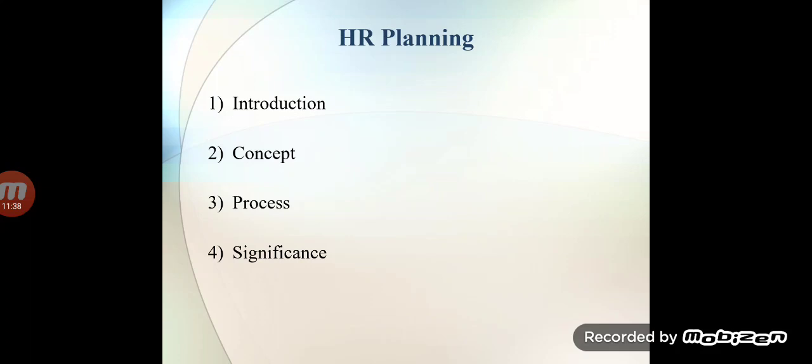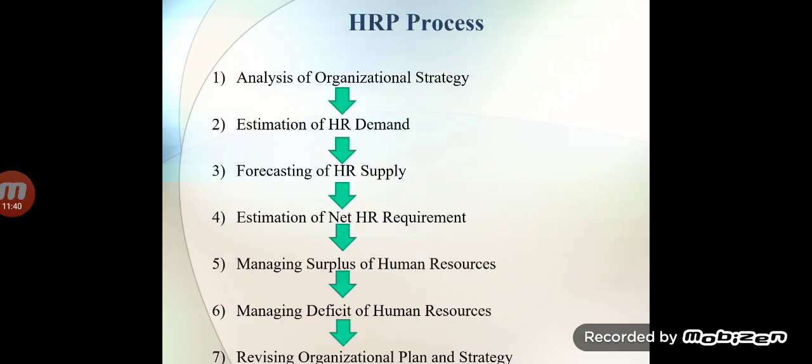How many steps are there? 7. Which are these steps? These are the steps we have to learn under the human resource planning process, the HRP process. It is the short form of human resource planning process. The first point is analysis of organizational strategy. Second, estimation of human resource demand.